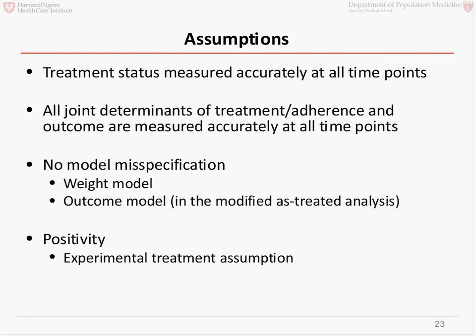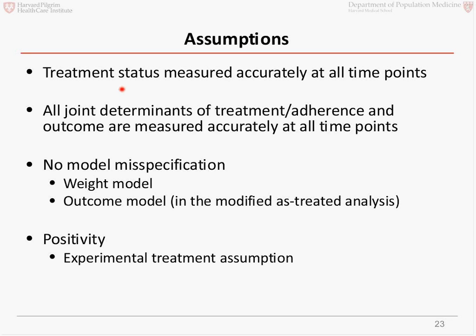Let's talk about the assumptions that we made along the way when we are using inverse probability weighting to adjust for treatment non-adherence. The first one, which is the one that we made up front, is that treatment status is measured accurately at all time points. This is perhaps the most important assumption that we have to make. Sometimes it's challenging for us to know for sure in our database, especially if we are dealing with electronic healthcare databases.